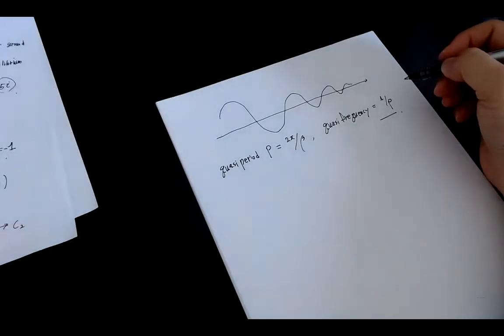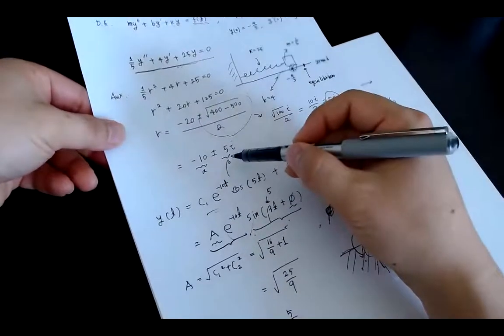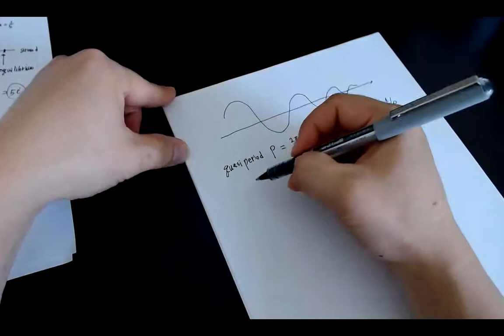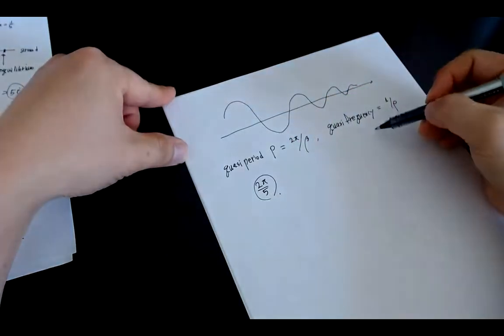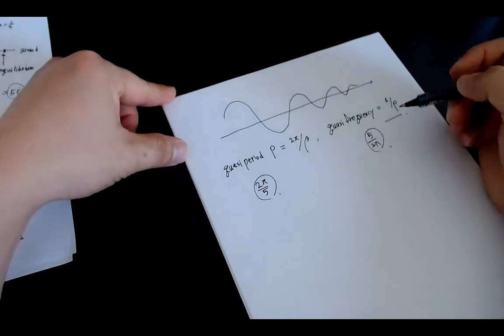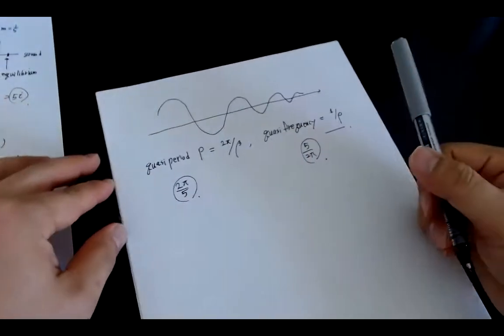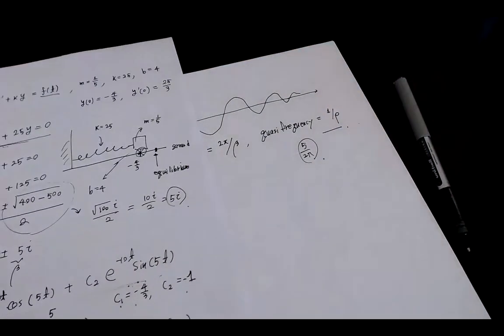In the problem, beta is 5, right? So the quasi period is 2 pi over 5, and the quasi frequency is 5 over 2 pi. So that's the answer. I hope this problem helps you with the online homework.